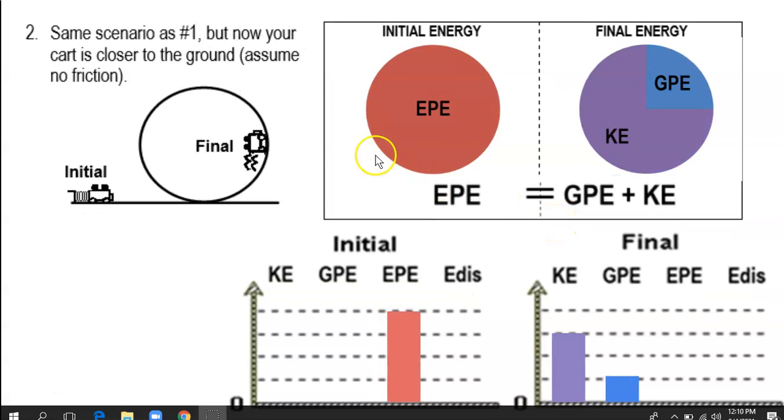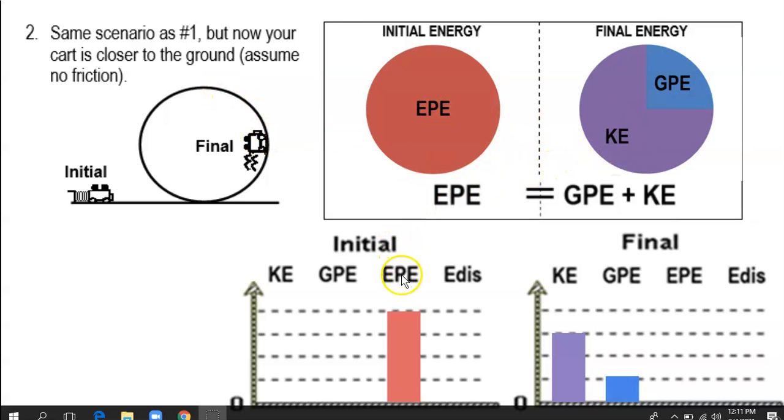This is the same scenario, but now let's assume the cart is not as high up. So, same as before, elastic potential energy. That elastic potential energy gets transformed into gravitational potential energy, but notice not as much because it's not as high as what it was before, and the rest is kinetic energy.